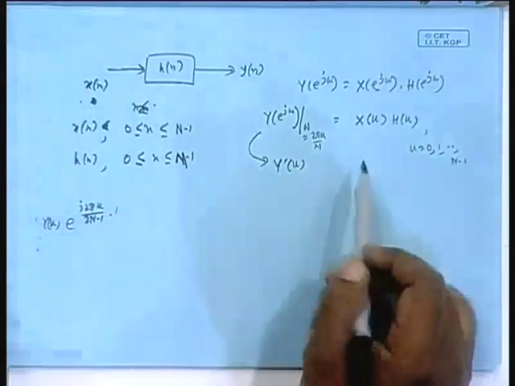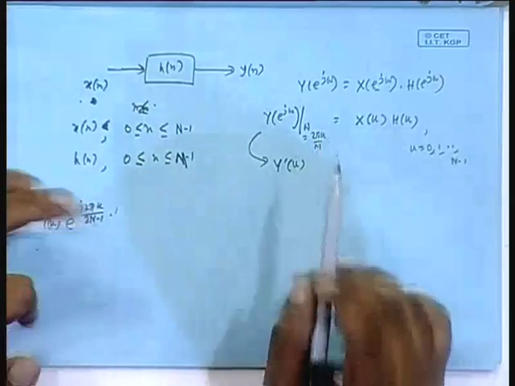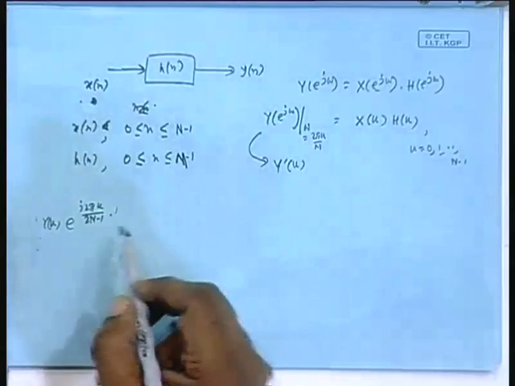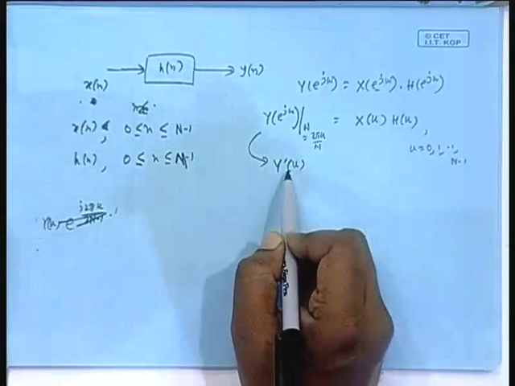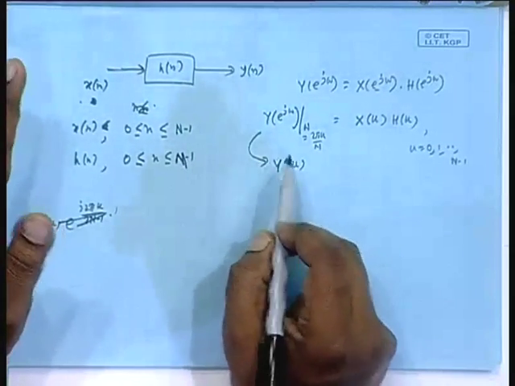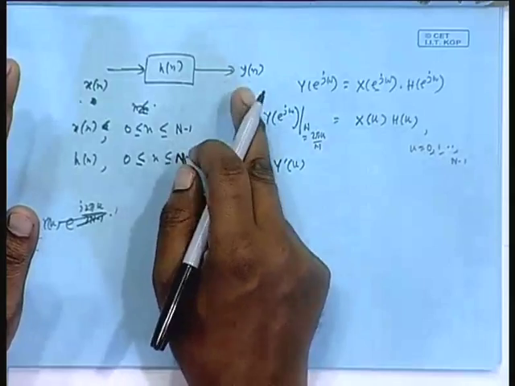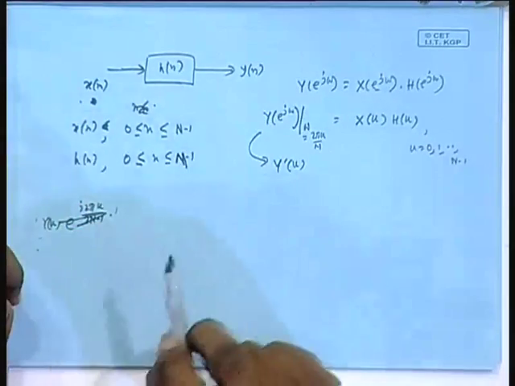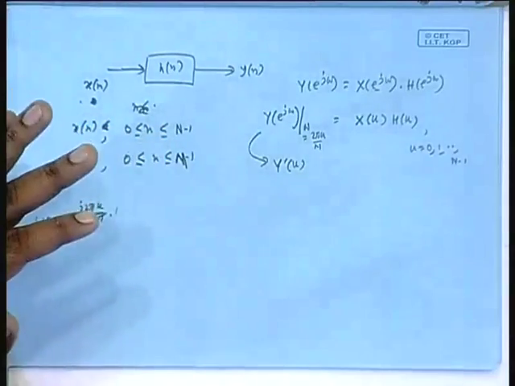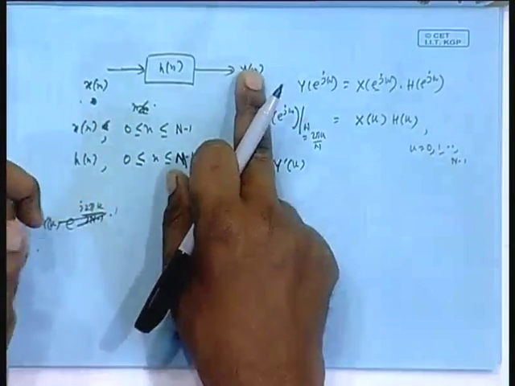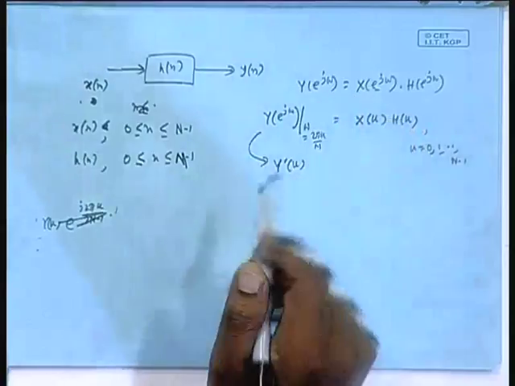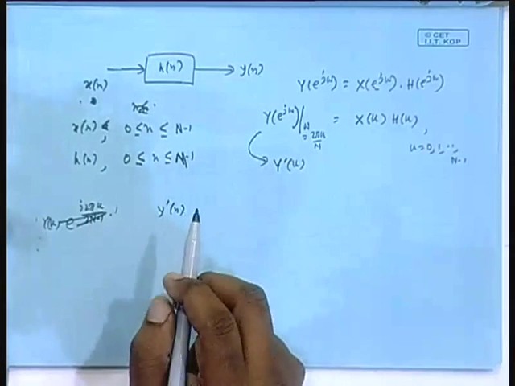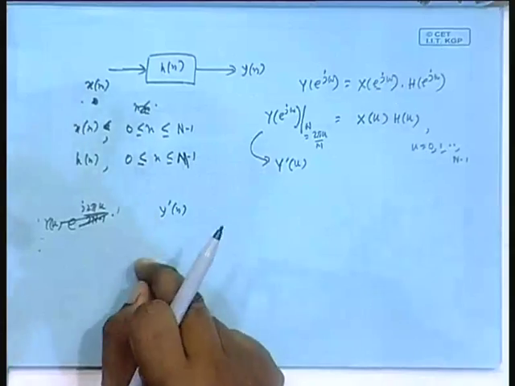But before that, let us evaluate what really we get. If we still stick to the range 0 to n minus 1 only, what do we get? Suppose I call them Y'[k], that is why I am not calling them Y[k]. If it is strictly Y[k], I should take 2n minus 1 points of samples of its DTFT, and that I am not. I am simply calling the product Y'[k], and like a fool I am putting them in the IDFT formula, hoping that I will get back y[n], which I will not. So what I will get back is not y[n], so let me call it y'[n], and I will see how much difference there is in y'[n] from y[n].